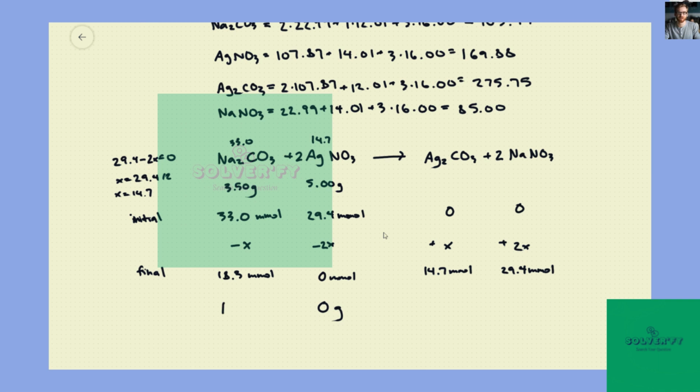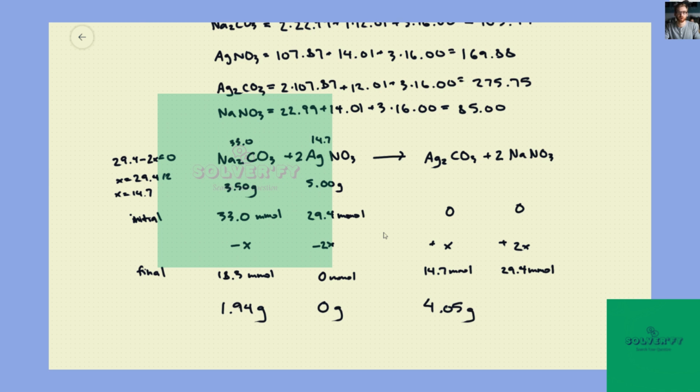We only have 3 sig figs here, so this is 1.94 grams. 14.7 times 10 to the negative 3 times 275.75. That's 4.05 grams.